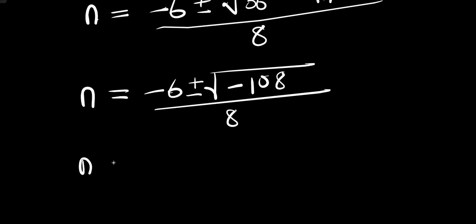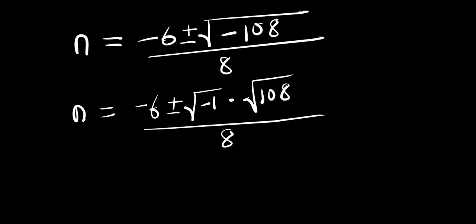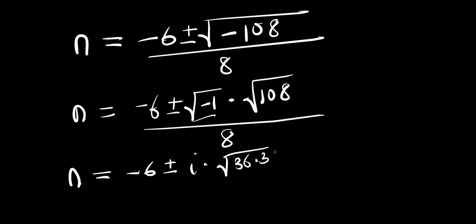So from here, we have n equals negative 6 plus or minus square root of negative 1 times square root of 108 divided by 8. So from here, we have n equals negative 6 plus or minus square root of negative 1 is i times square root of 108, that is 36 times 3. So this is divided by 8.